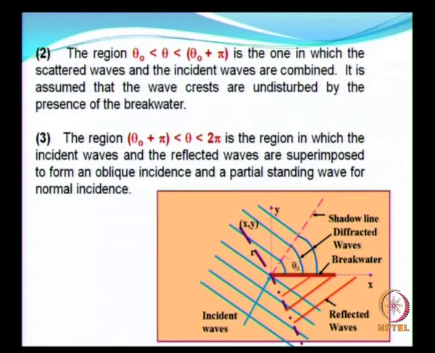So you see that there is a kind of complex phenomena that would be taking place when you have a structure in the coastal area, in which case the water depth is normally not constant.